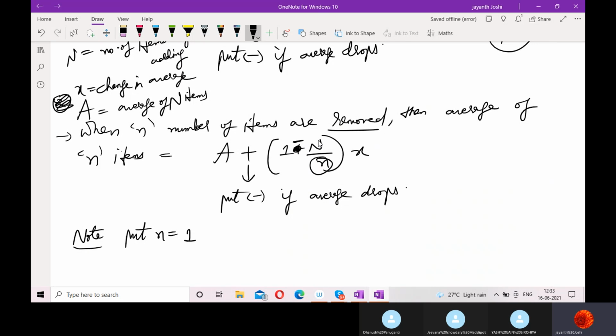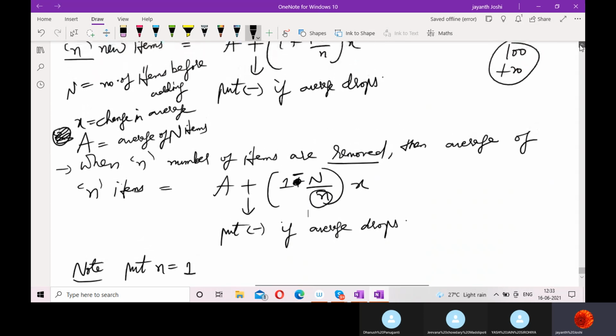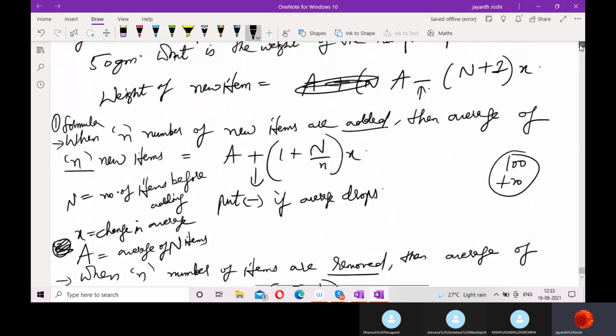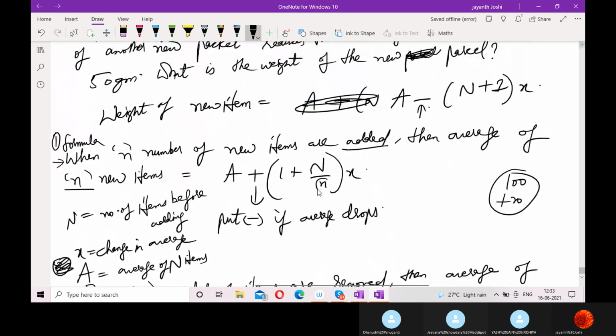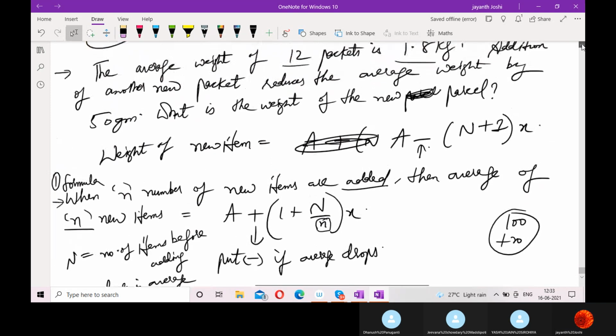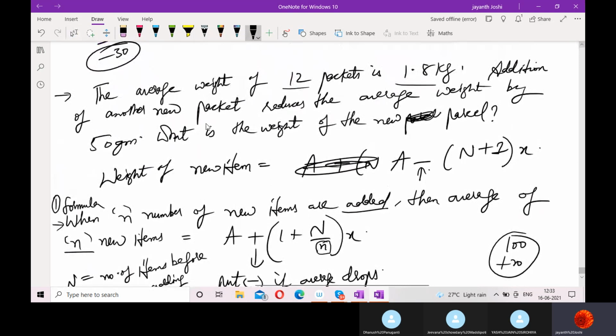The formula which I am using for the above question: here only one item, you can see, addition of another new packet.